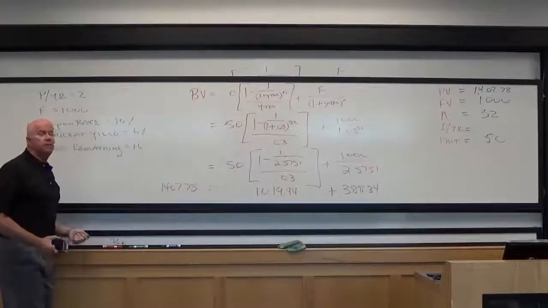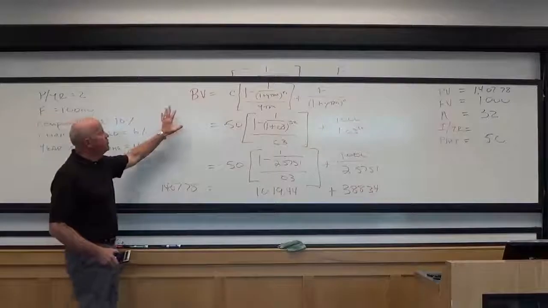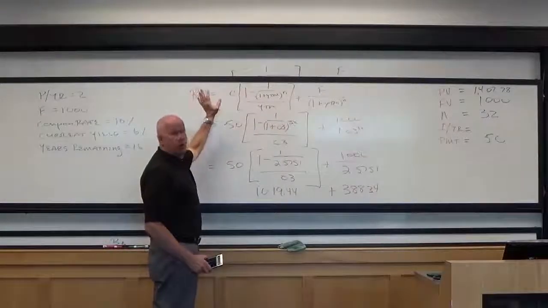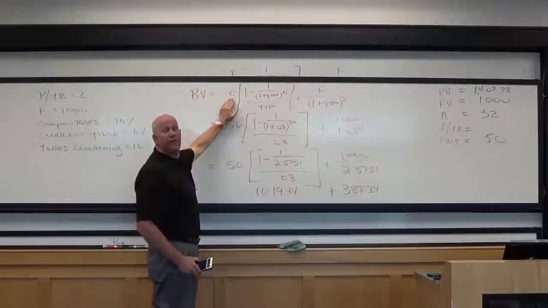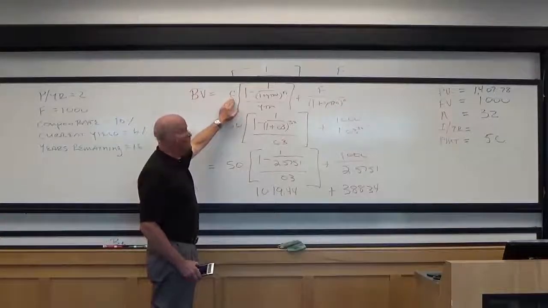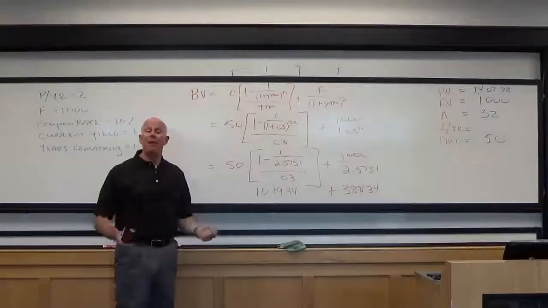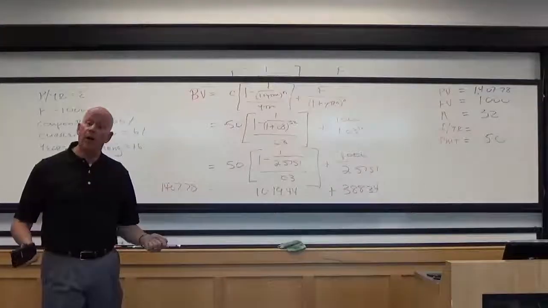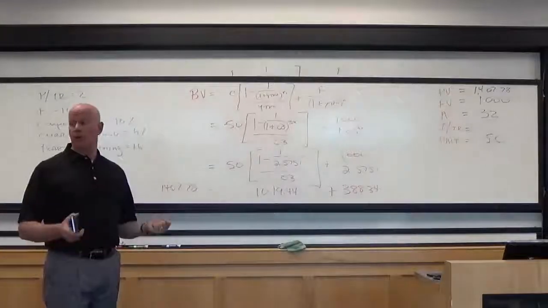So again, the key to the bond value equation is not just being able to algebraically work the equation, but knowing what the variables stand for. C is equal to the payment, or the coupon rate on the bond, times the face value of the bond, divided by the periods per year.